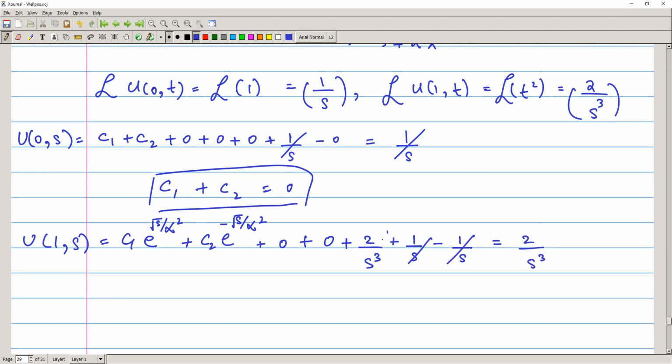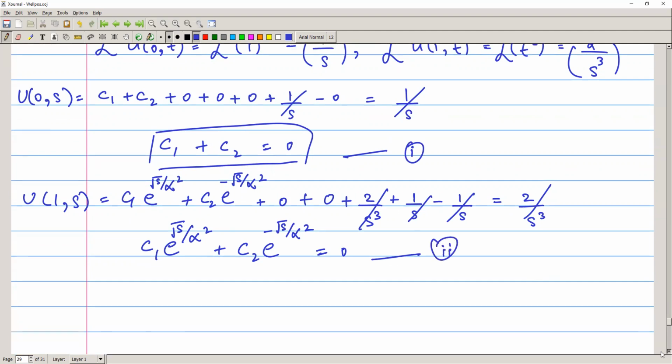So this will cancel out, this will cancel out, and we will be left again with c1 e to the power of this thing plus c2 e to the power of this thing equals 0. So this is equation number 1, and this is 2.